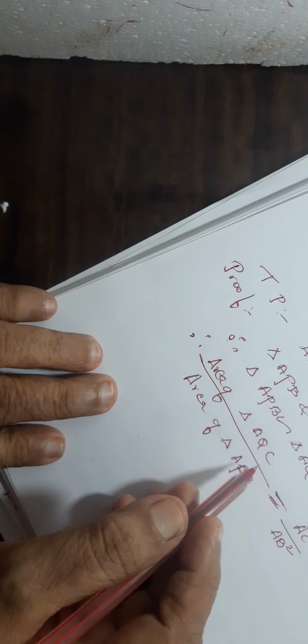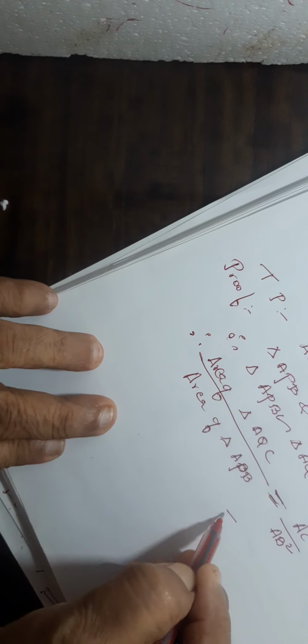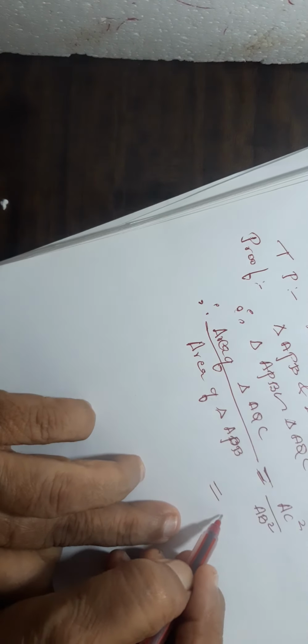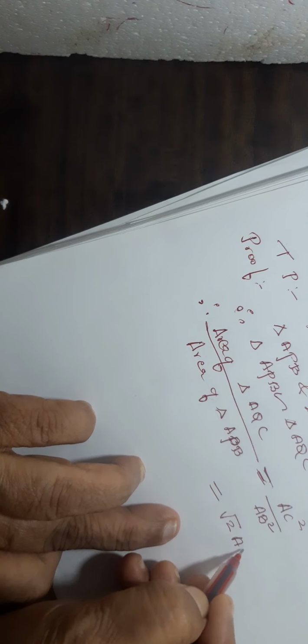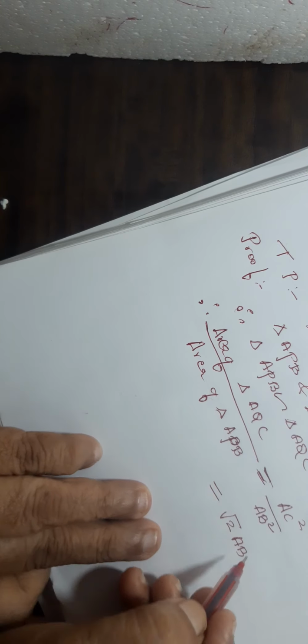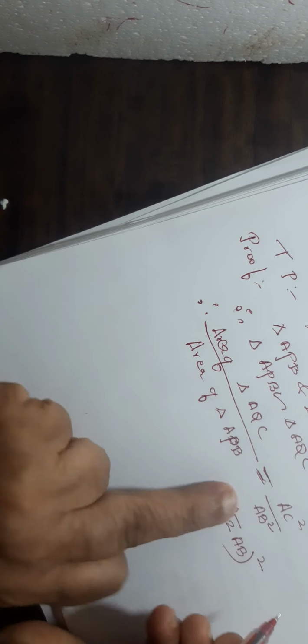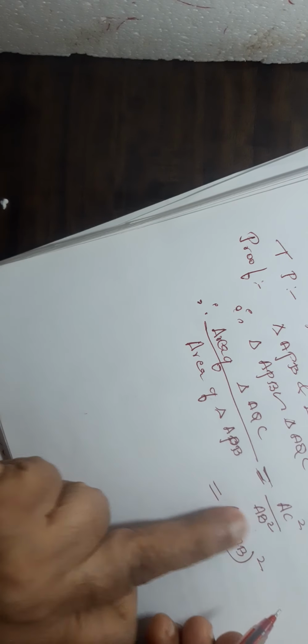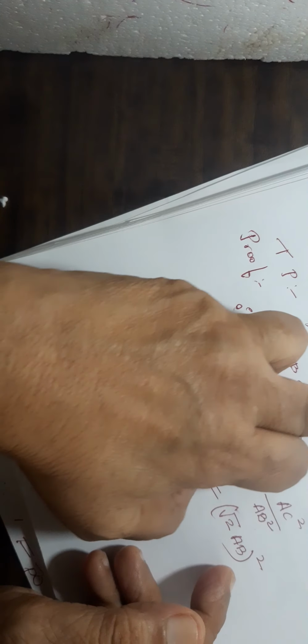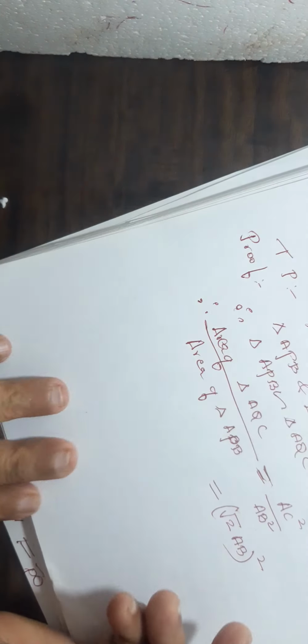Now afterwards, this is equal to, what is AC that I wrote there? Root 2 AB. Root 2 into AB, squared, because the above step is AC squared by AB squared. Corresponding sides AC and AB are the corresponding sides of those two equilateral triangles.